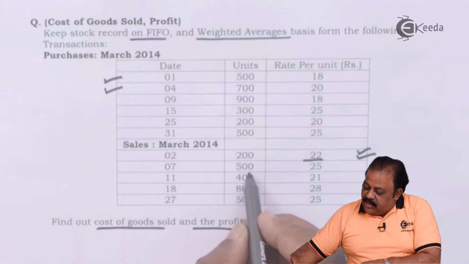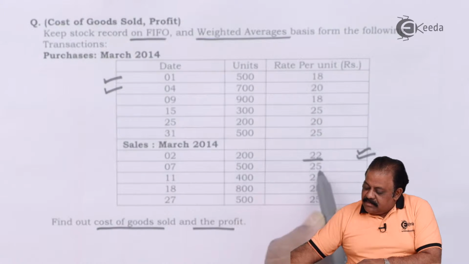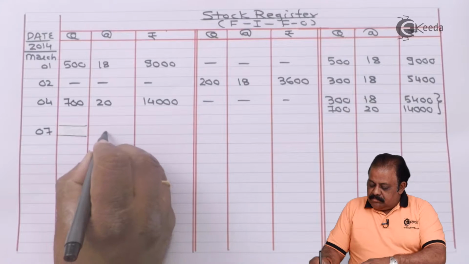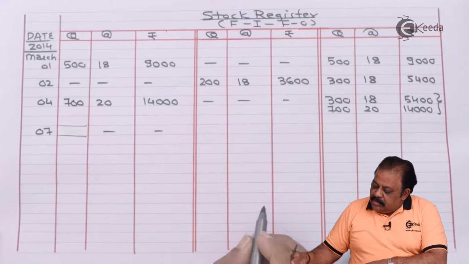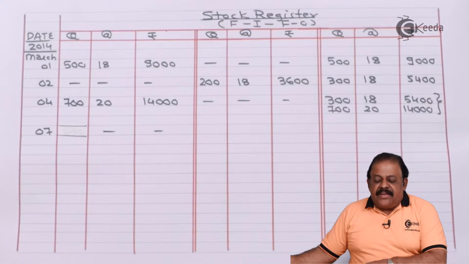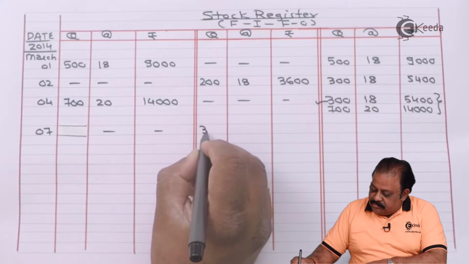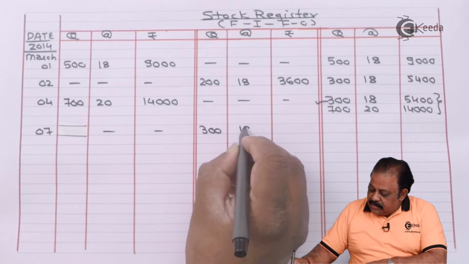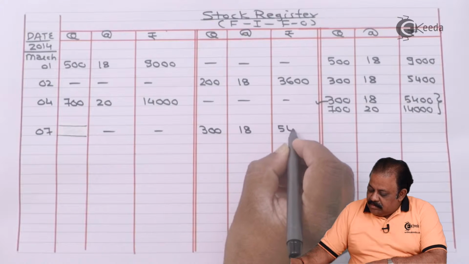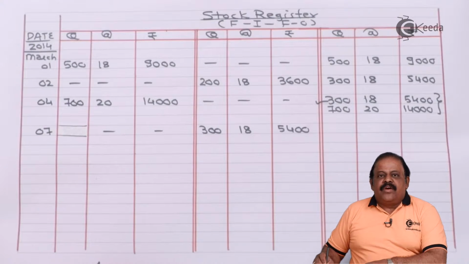On 7th there is a sale of 500 units at 25 rupees. So for issuing 500 units, first we will select oldest stock, 300 units at the rate of 18, 5,400.